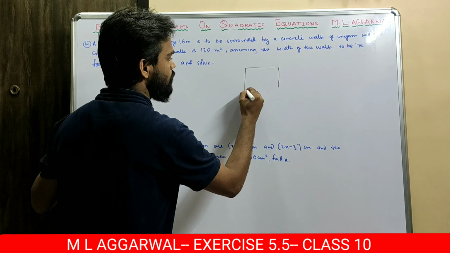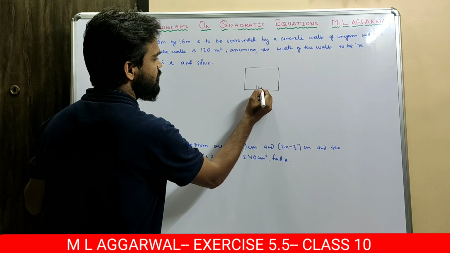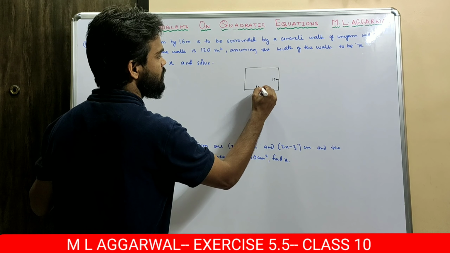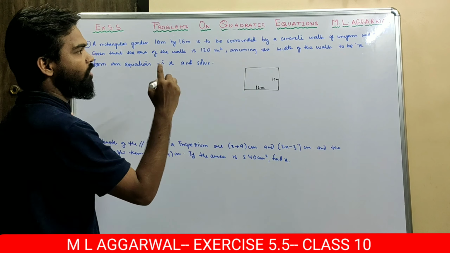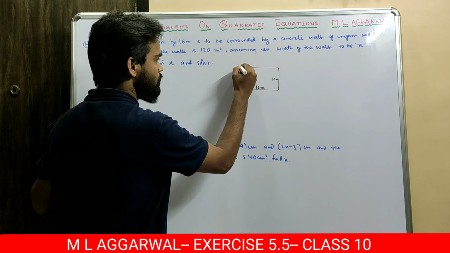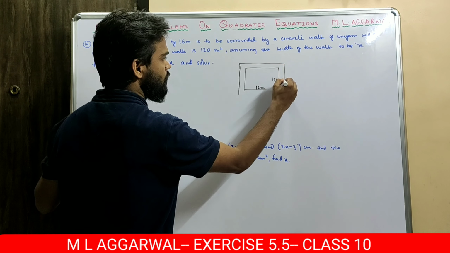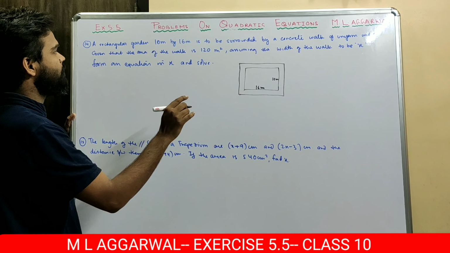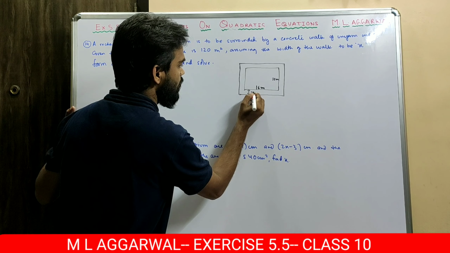This was your rectangle. Suppose it was 16 meter by 10 meter, isn't it? Now this is to be surrounded by a concrete walk of uniform width. So you have to surround this by a concrete walk of uniform width, and the width they have given as x.